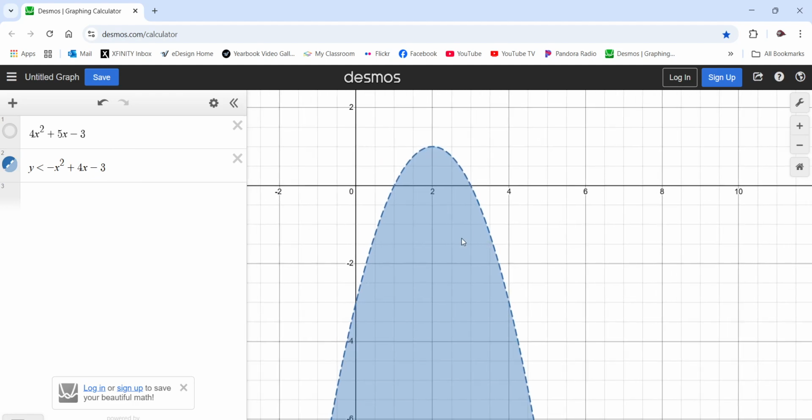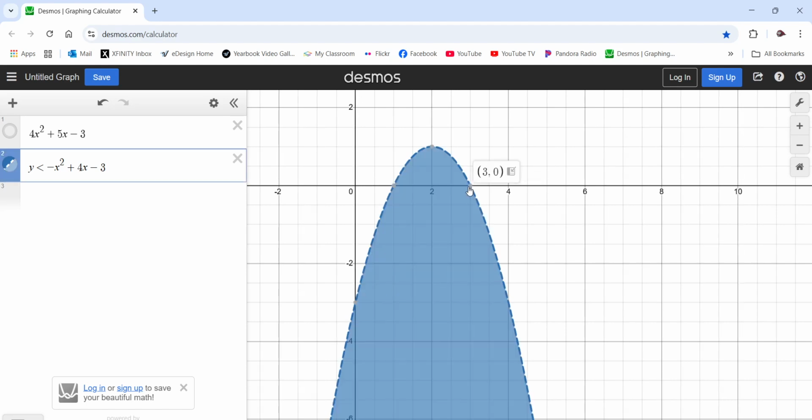Isn't that awesome? If you click on it, maybe right there, it tells you the vertex. There's your 2, 1. There's your x-intercepts, 3, 0 and 1, 0. And it even tells you your y-intercept. And if you come over here and click on it, there's your 4, negative 3 that we put in there, right? We figured that was there.